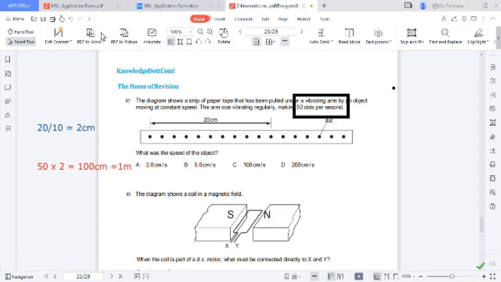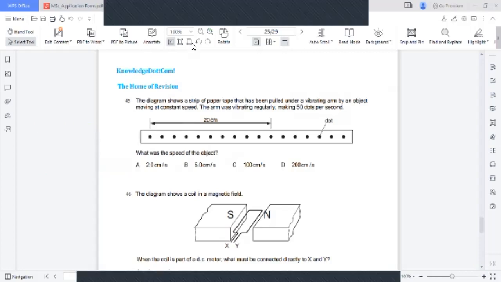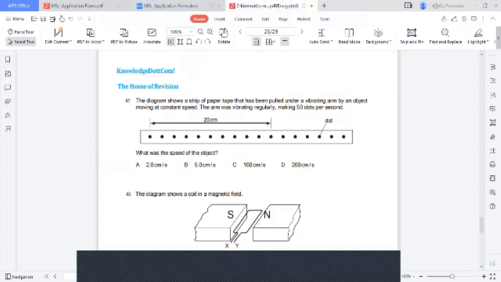The options are 2 centimeters per second, 5 centimeters per second, 200 centimeters per second. These are incorrect options and we have only one correct option, which is 100 centimeters per second. Okay, let's move to the next one.